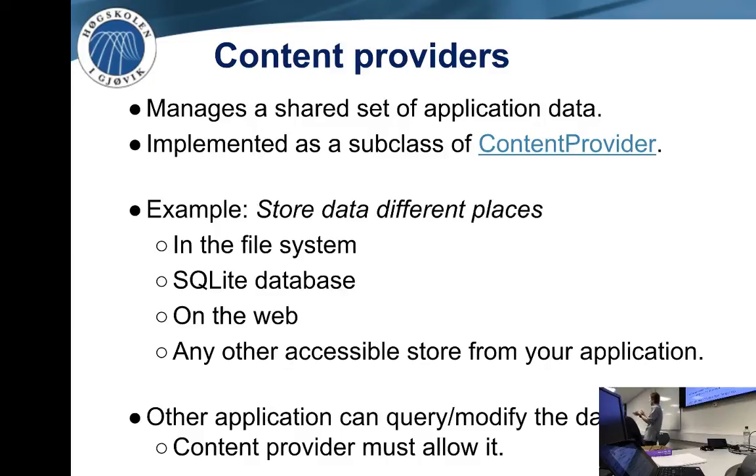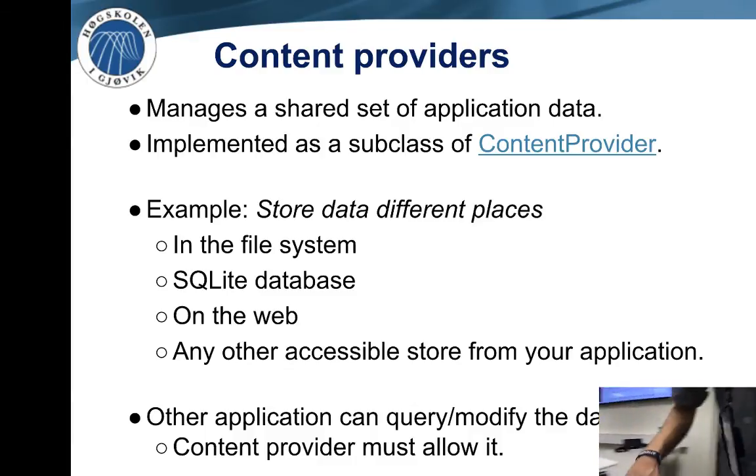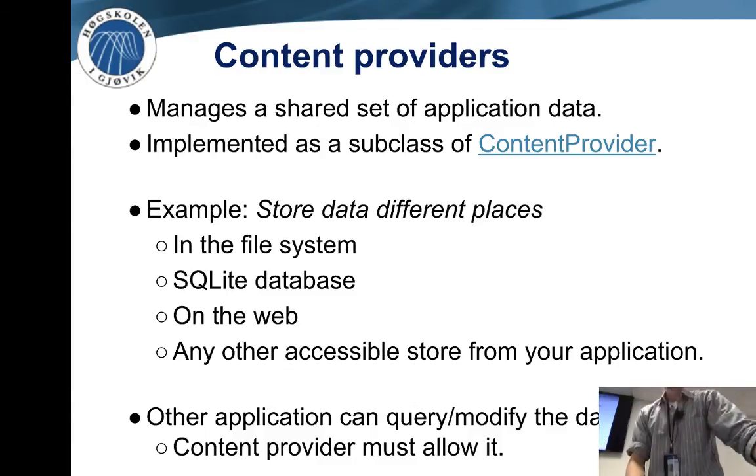If the user does something offline, we store locally, in a file system, and then use the facilities to coordinate synchronization between the ways the data is being stored. So if you want to hide the implementation details of how particular data is being dealt with, you can use a content provider.